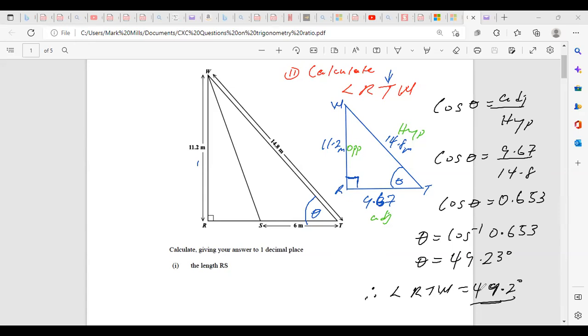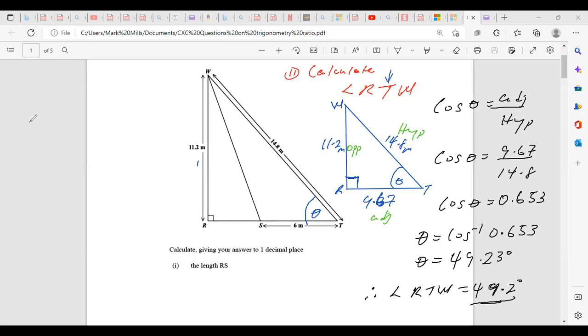Sir, is it because we got numbers on all the sides, so we could use any? Right, because we have all the three sides. So once you are given all the three sides, you can use any formula. But if you're not given three sides and they give you two sides, then you have to use the correct ratio for those two sides. You understand that? Because I have three sides, somebody can use sine.